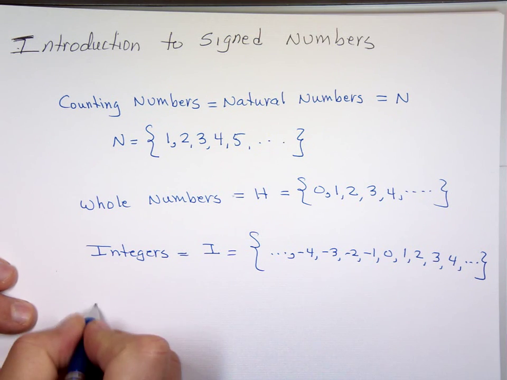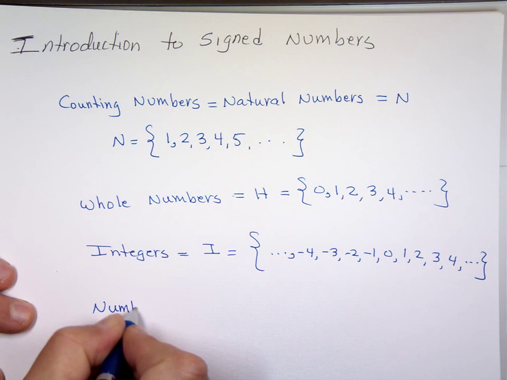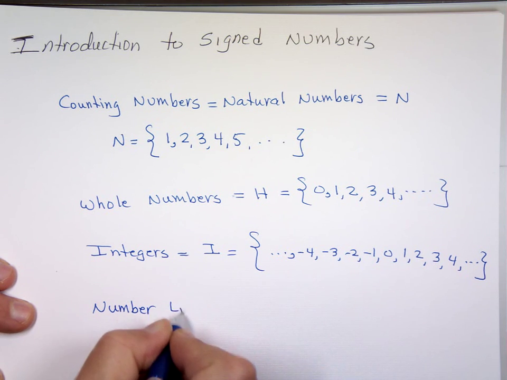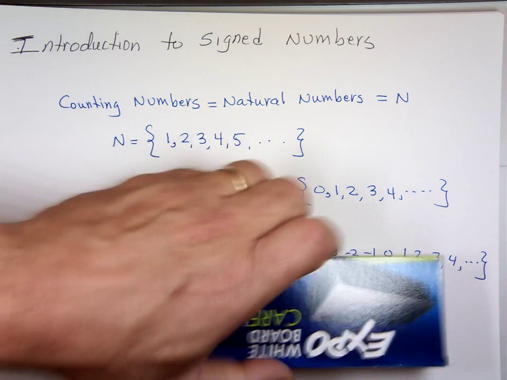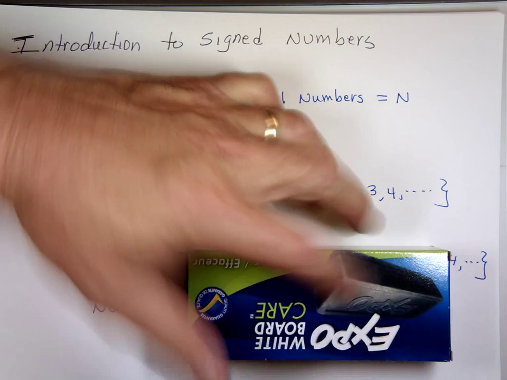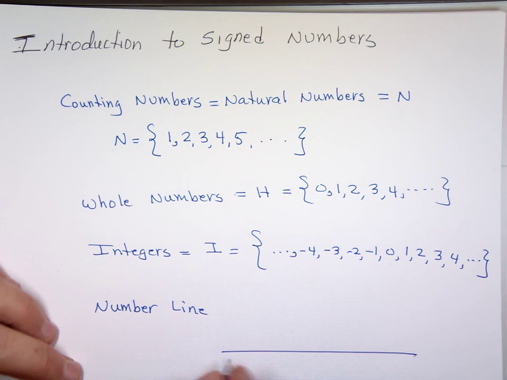The number line, some of you probably have seen this. When we draw it, we go, this is the number line. If I can find a straight edge to make it look at least nice and straight. This is the number line.